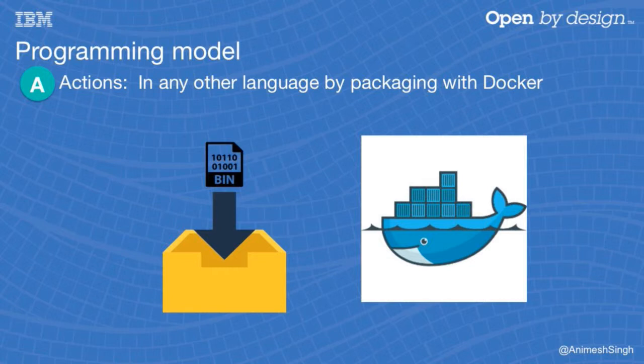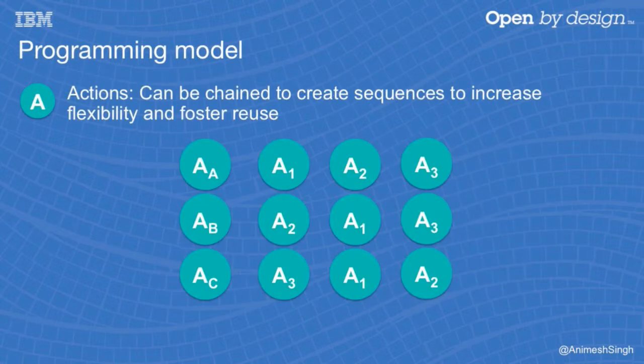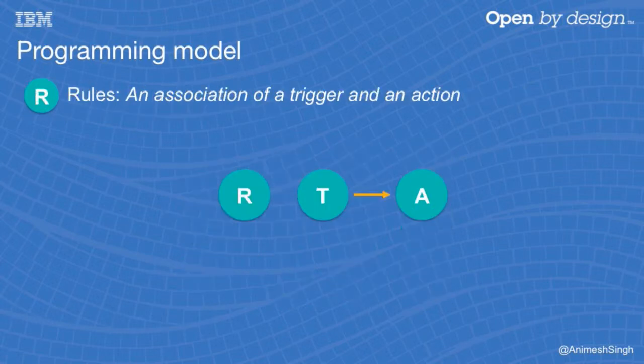OpenWhisk supports putting up your own Docker container in which your action is encapsulated. And you can create a sequence of actions. You can chain these actions together so that based on one trigger, you are executing multiple actions in sequence. And then R stands for rules, which essentially defines what actions get executed based on what triggers.